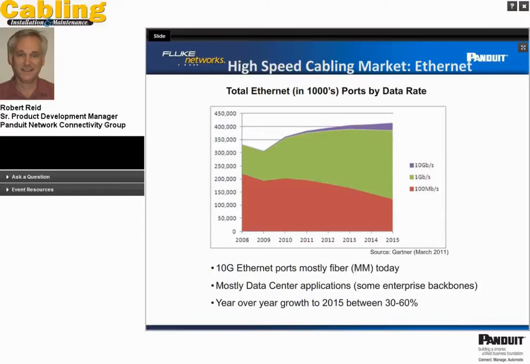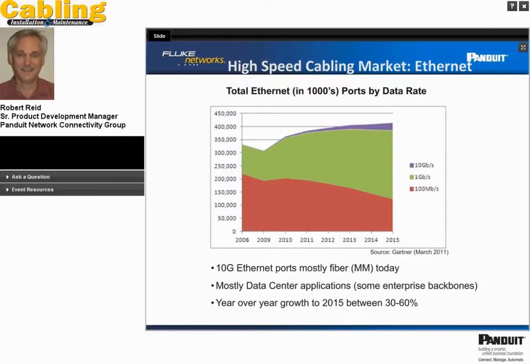So this is a snapshot of the high-speed cabling market. In enterprise networks, we're just seeing a nascent market with respect to 10 gig backbones, and we'll talk a little bit about that in the context of a standards discussion. For most backbones in the enterprise today, 1 gig Ethernet is the norm, and backbones typically are fiber, and we'll talk about multi-mode fiber in particular in the context of the standards.